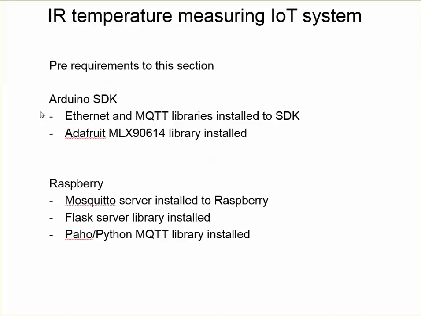You can get these libraries through the internet, so it's no problem to install them, but you have to do this beforehand. For the Raspberry side, you need a Mosquitto server installed on the Raspberry and a Flask server also installed there. And our Python program is using the Python MQTT libraries.